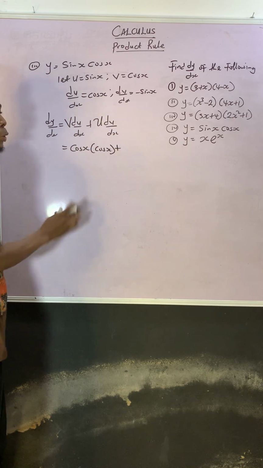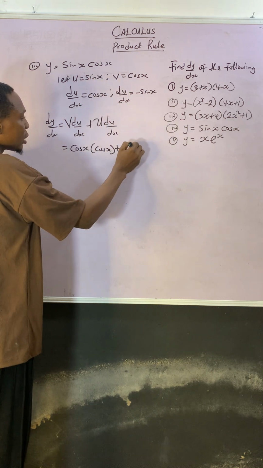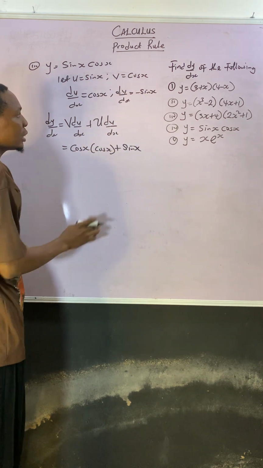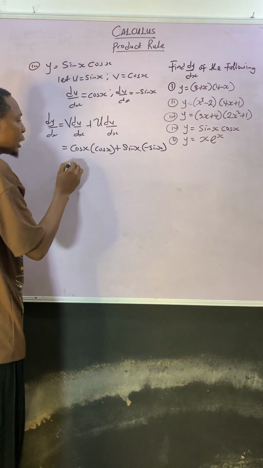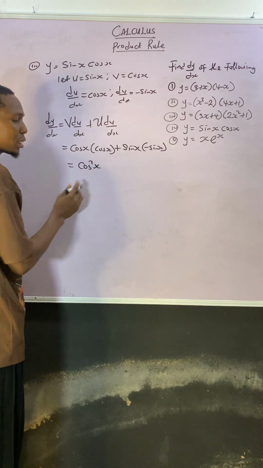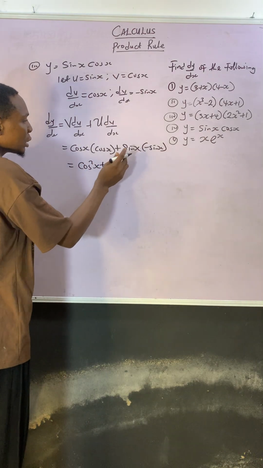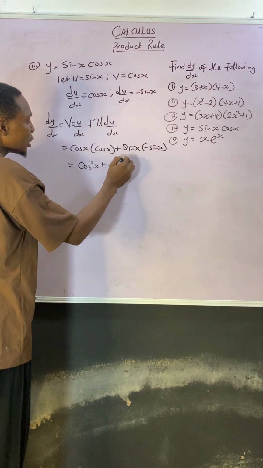Then plus u, which is sin x, and dv/dx is minus sin x. So cos x times cos x, we have cos squared x. Then plus sin x times minus sin x, we have minus sin squared x.